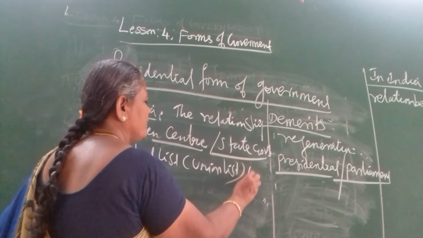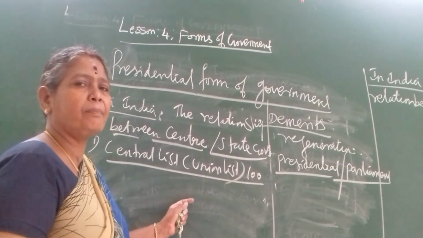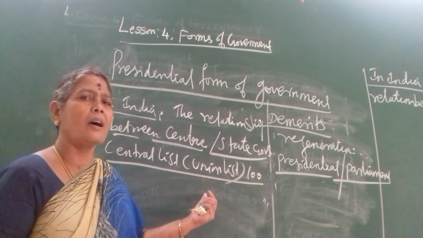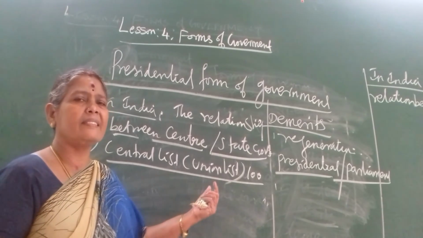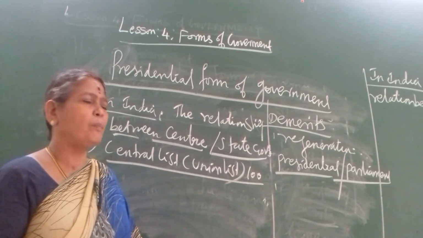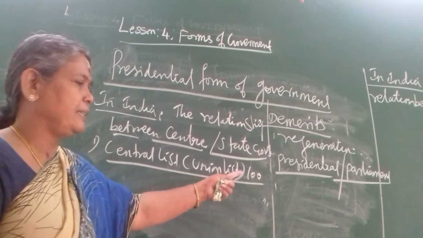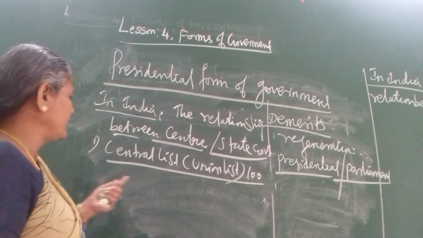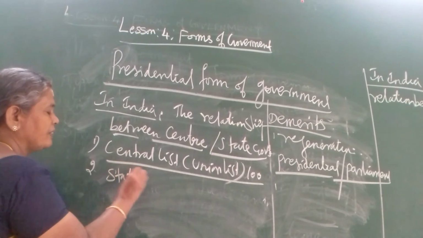This has 100 subjects, related to foreign affairs, defense, army, railways, telegraph, postal services and core industries. These are examples I give, and you can list out the remaining ones for your knowledge. Then the second one is the state list.